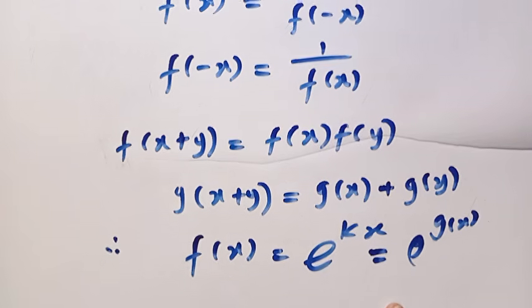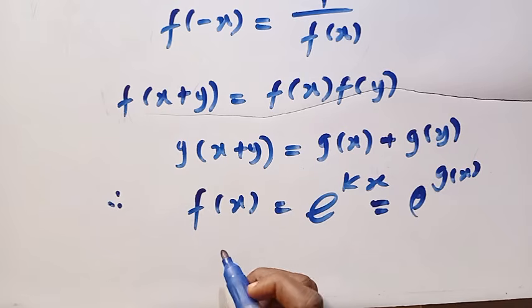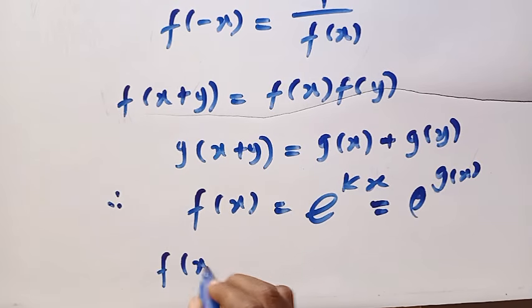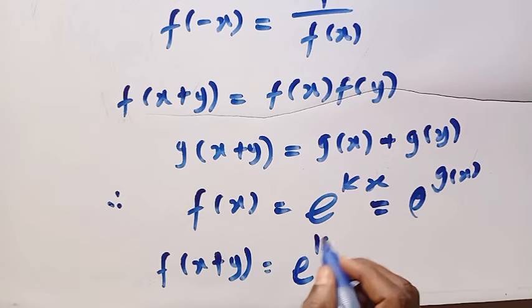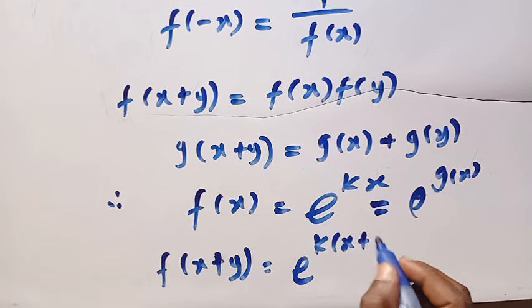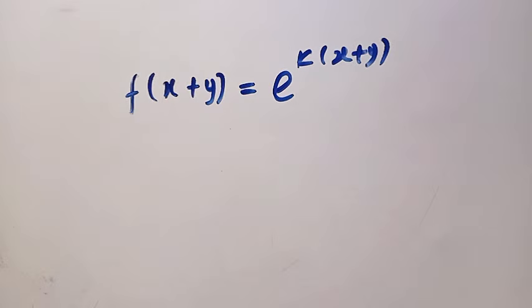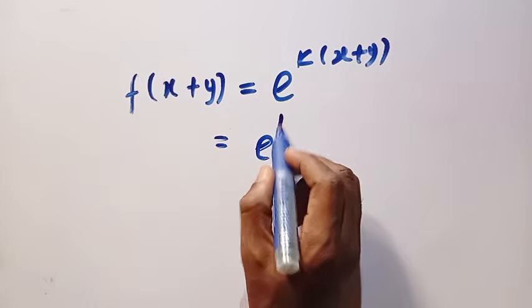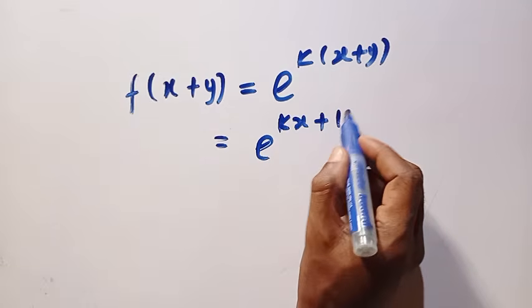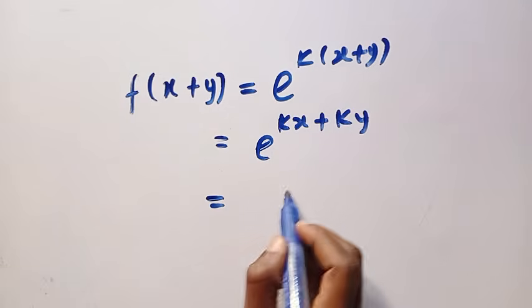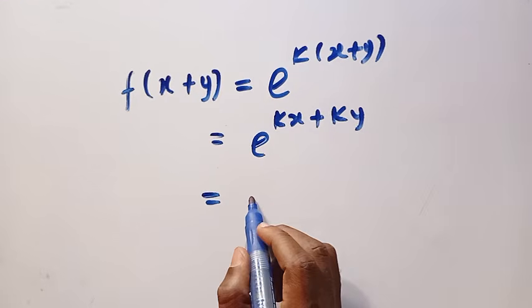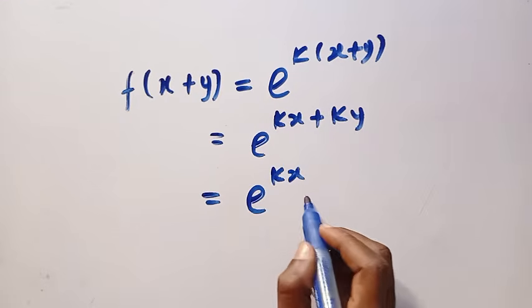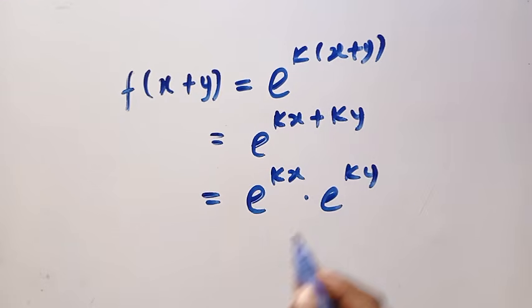So to verify, we change this x to x plus y, and we have f of x plus y equals exponential of k into bracket of x plus y. So we have this as exponential of kx plus ky. And by the rule of exponents, we are going to have this as exponential kx multiplied by exponential ky.